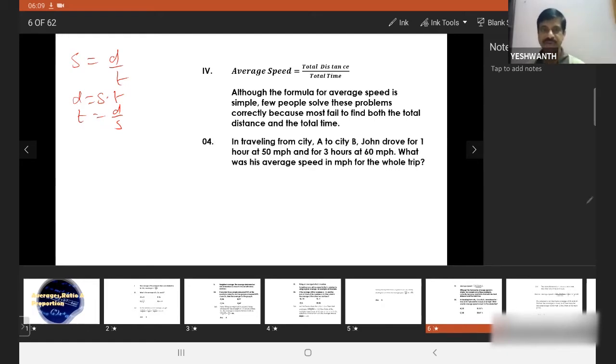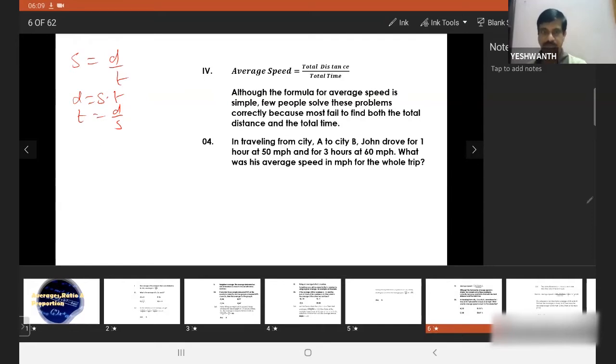In traveling from city A to city B, John drove for 1 hour at 50 miles per hour and for 3 hours at 60 miles per hour. Okay. So what is the average speed? So now look at that. For 1 hour at 50 miles per hour means what is distance?